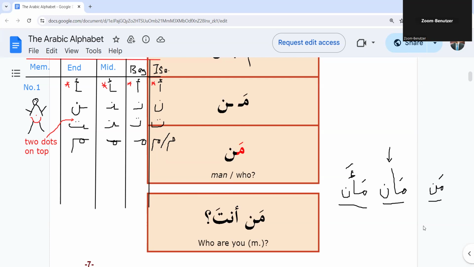Also, writing the memory aid in the table will help you revise them easily. Yes, inshallah.